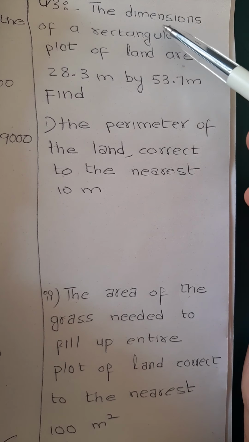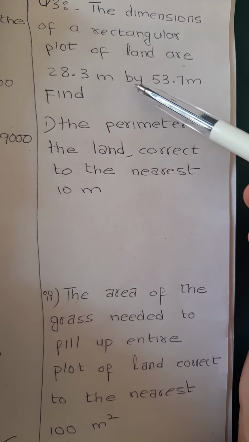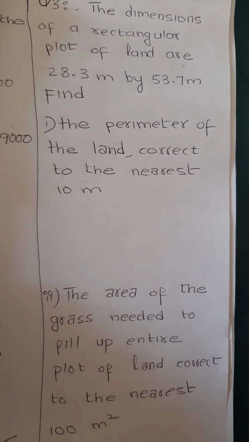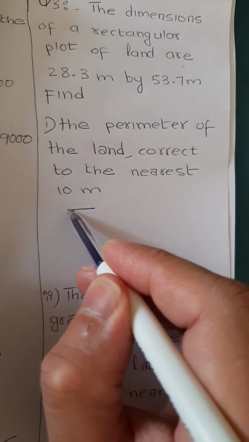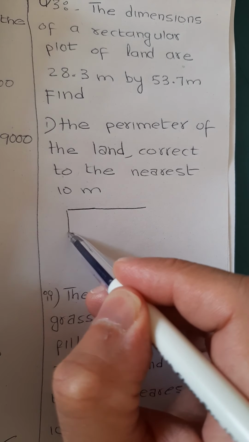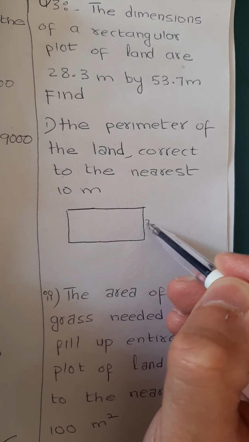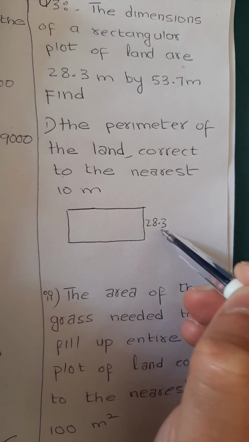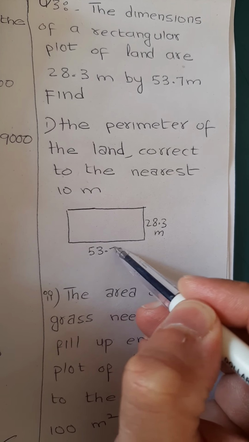Question number 3 says the dimensions of a rectangular plot of land are 28.3 meter by 53.7 meter. So here is a rectangular plot and the dimensions are 28.3 meter and 53.7 meter.